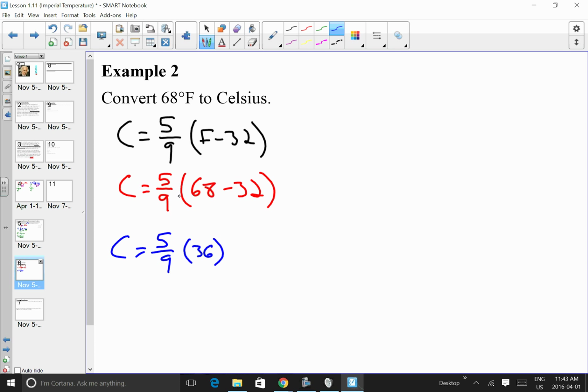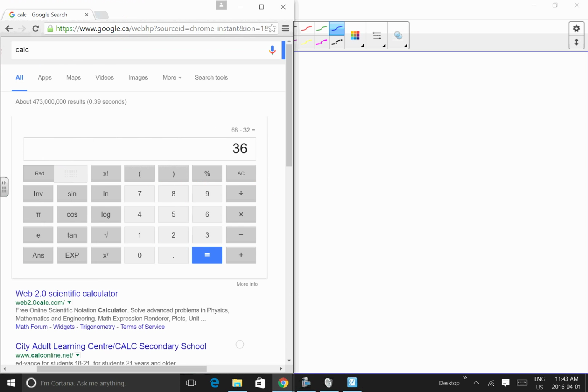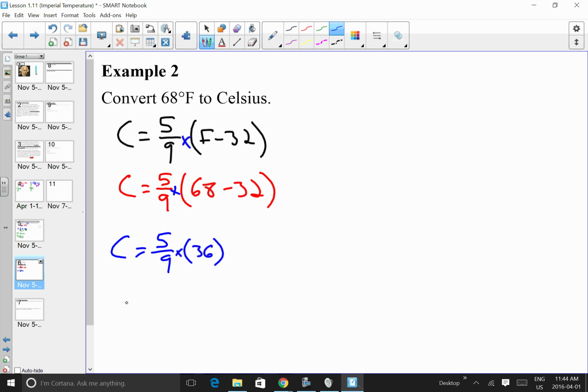Remember, anytime we don't write the symbol, that means multiply. So now I got 5 divided by 9 times 36. And there we go, nice answer of 20. 20 degrees Celsius. So 68 degrees Fahrenheit is the same as 20 degrees Celsius.